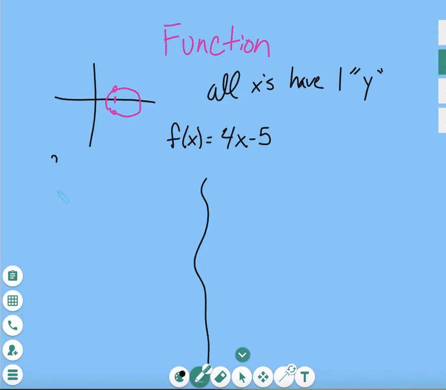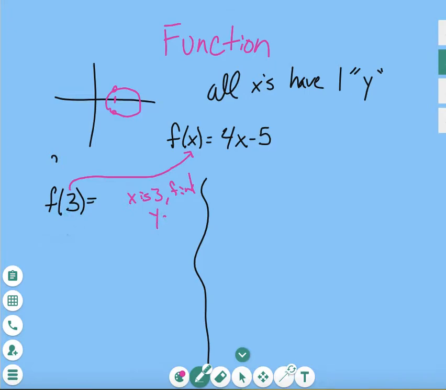Now the first type of evaluating you may be asked to do would be something where it's set up like f of 3 equals. Notice where they've placed the 3 in relation to the normal setup of the equation. The way they've placed it, they're telling us that the x value is 3. So what they're saying here is x is 3. Find your y value.